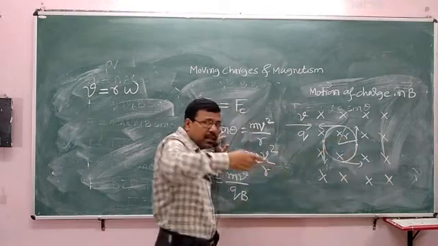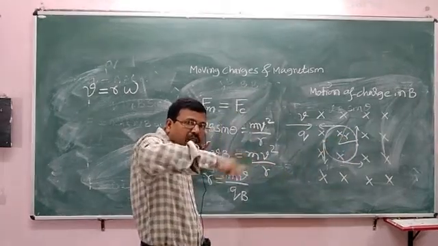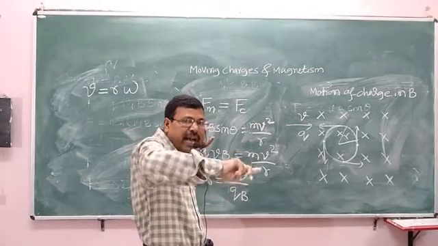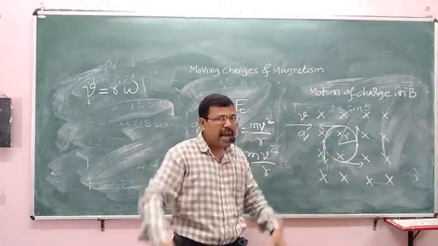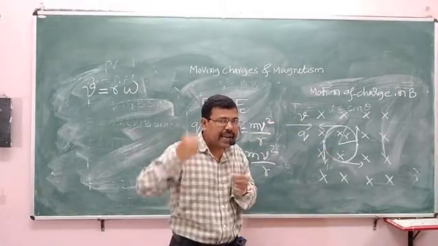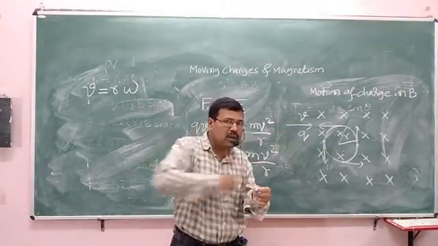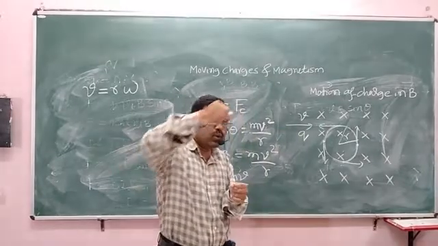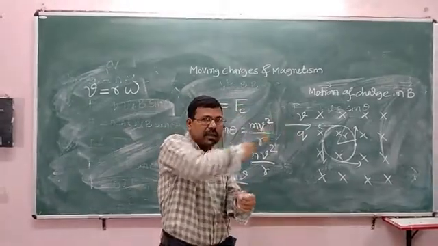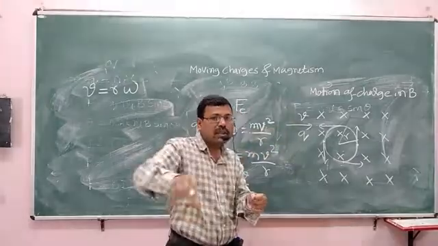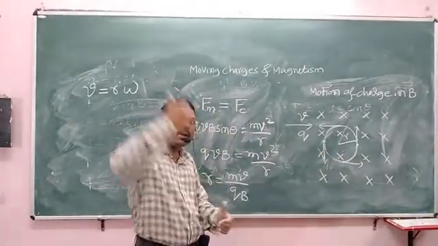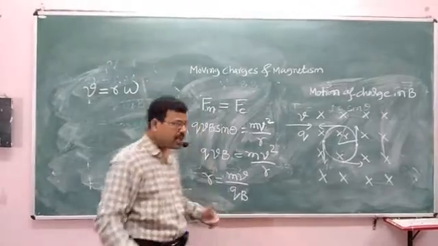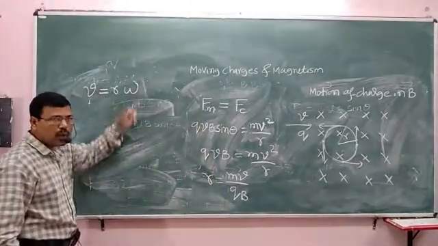As the angular displacement is changing with time, the particle has angular velocity, and the angular velocity is always along the axis. Fine. v equals r omega.